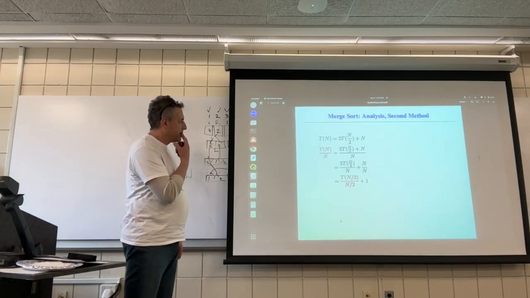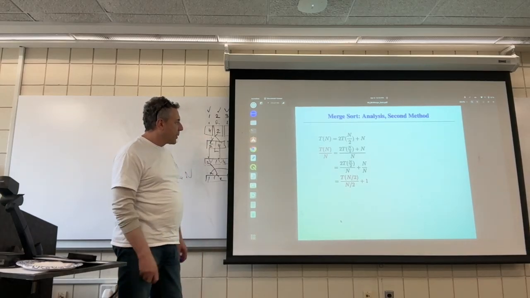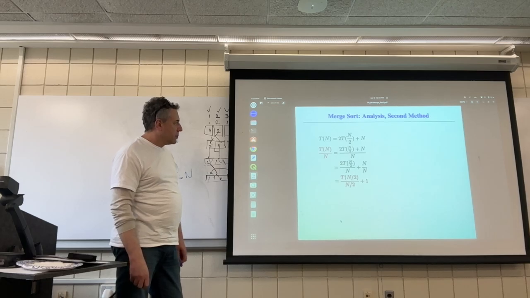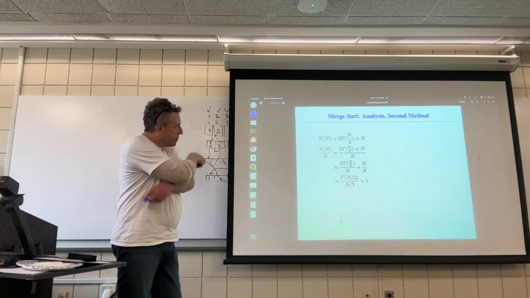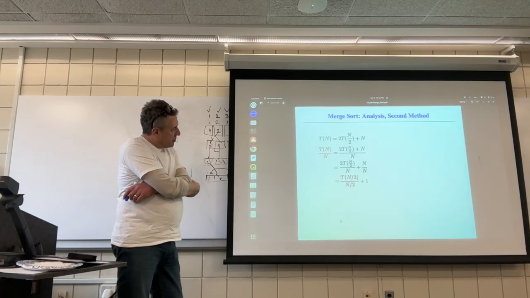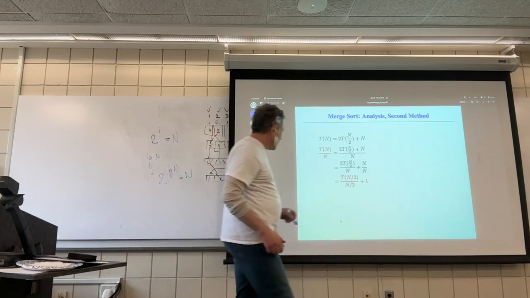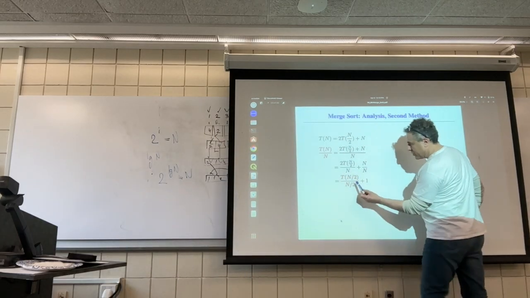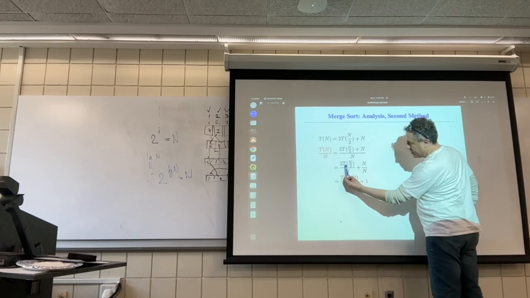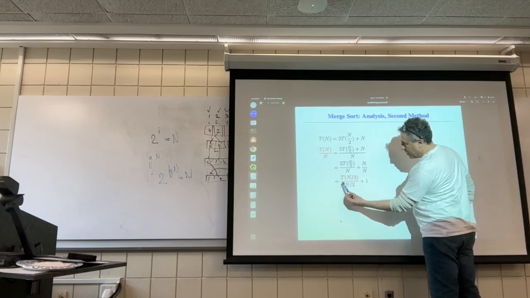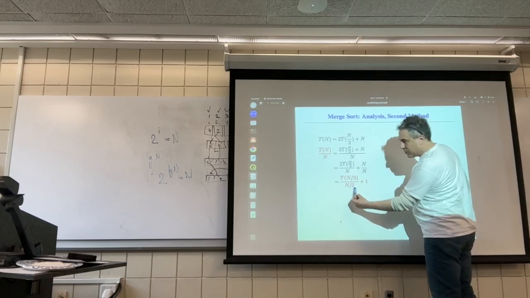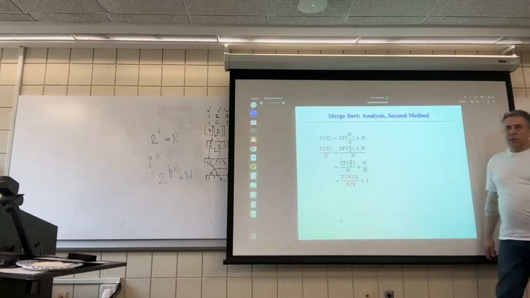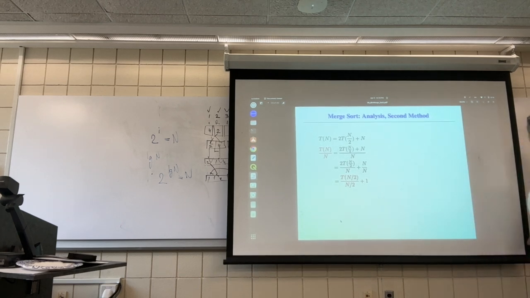So, Fisher, what happened here? The n over n on the right is just 1, and then you divided it. I actually did. I regret not having done this kind of a fraction here. So T of n over 2 hasn't changed. T of n over 2, T of n over 2. But there was a 2 here, and it went down to the denominator.